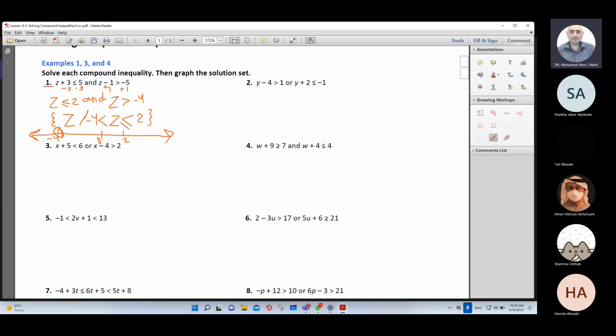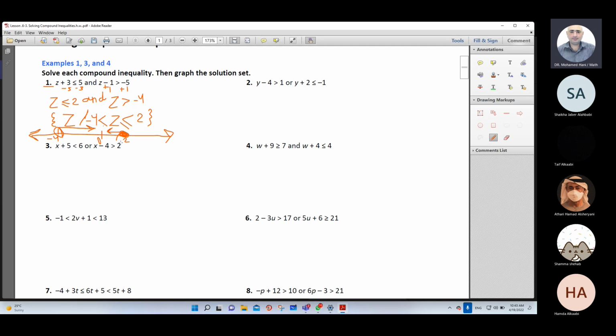And Z greater than negative 4 means the direction to the positive side. And here we have Z less than or equal to 2, we have equals in the sign, which means include, so use a shaded circle. And Z less than means the direction to the negative side.